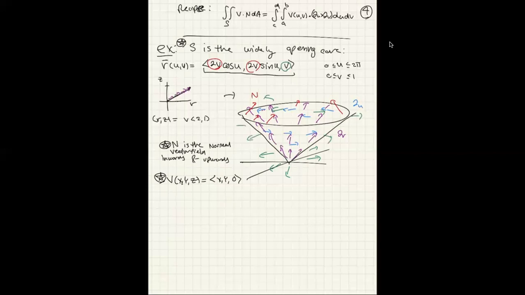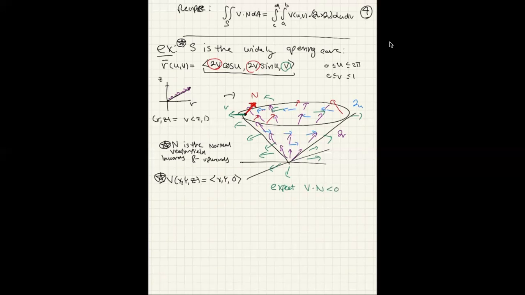So probably shouldn't have drawn the purple and blue ones. But if you look at the picture, at least let's look at what happens up at this point. You see that normal vector, that red vector, is coming in and up, whereas the vector field v is really coming outwards at that point. So we expect that v dotted with n is going to be less than 0.